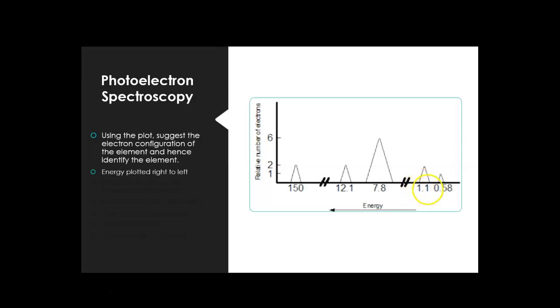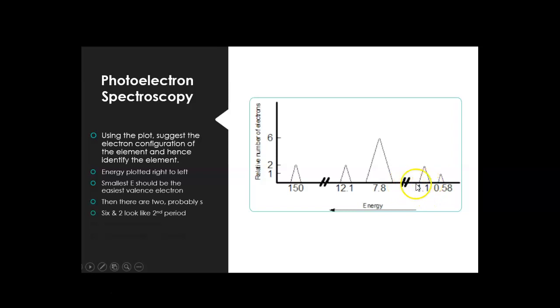Remember, energy is plotted right to left, and that's why this arrow is where it is. So the smallest energy should be the easiest valence electron, the one at the highest energy level. And there are 2 peaks here. Probably you've got s electrons in this peak and p electrons here. So that's the highest energy level.